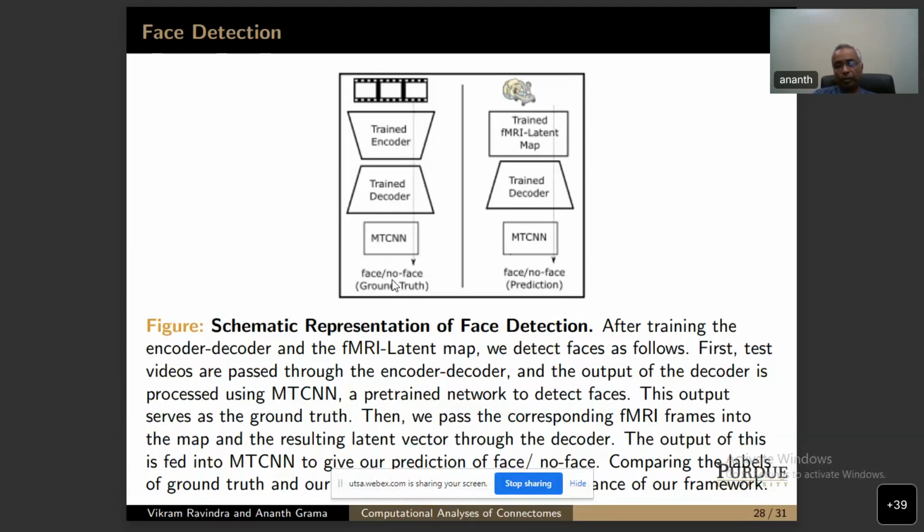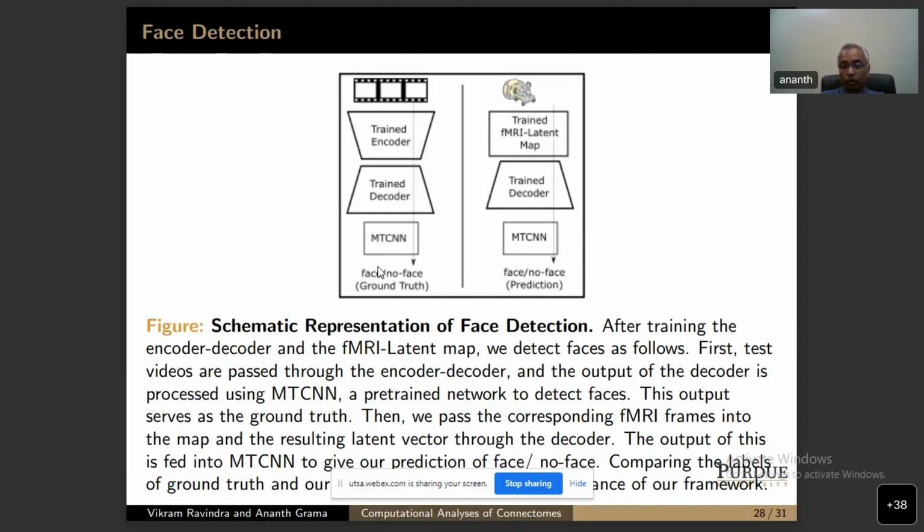In this case, for example, face or no face. So the MTCNN says, I saw no face in this set of video frames. And if the MTCNN also says that I see no faces in this set of fMRI frames, or conversely, both of them see faces, then that's quantitative proof or validation that I can actually reconstruct faces where there should be faces.